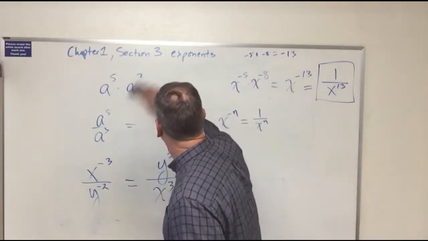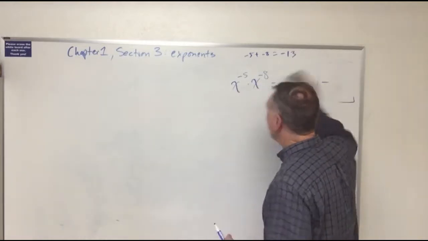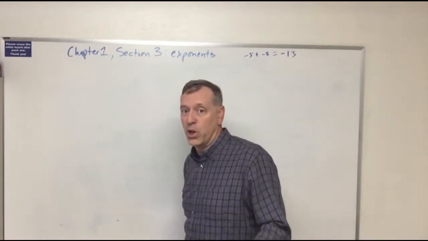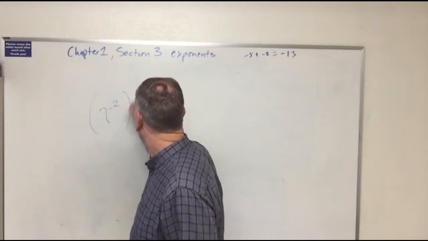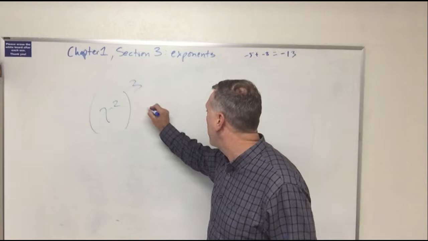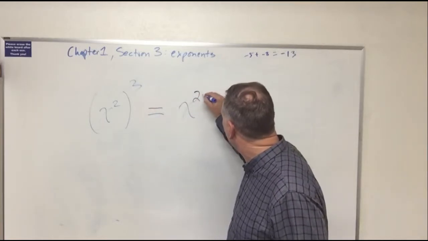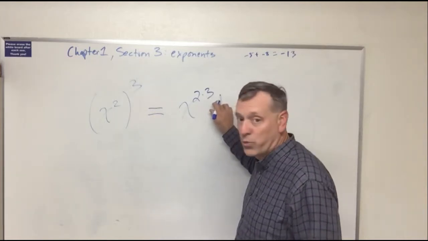Now there's another principle in here as well, and that is what happens when you have exponents with exponents. So something like this, x squared to the third power. Well, that is equal to x to the second power times 3, so x to the second power with a 2 times 3.